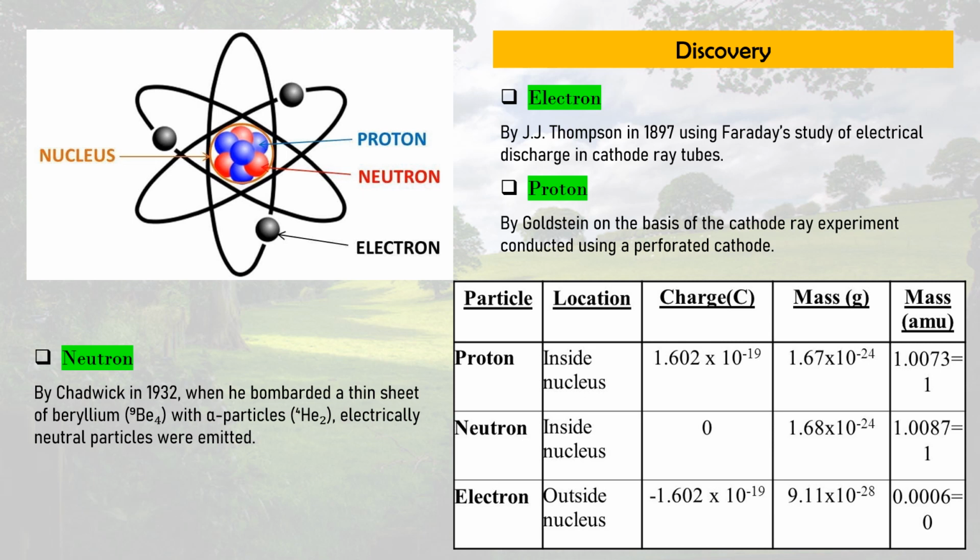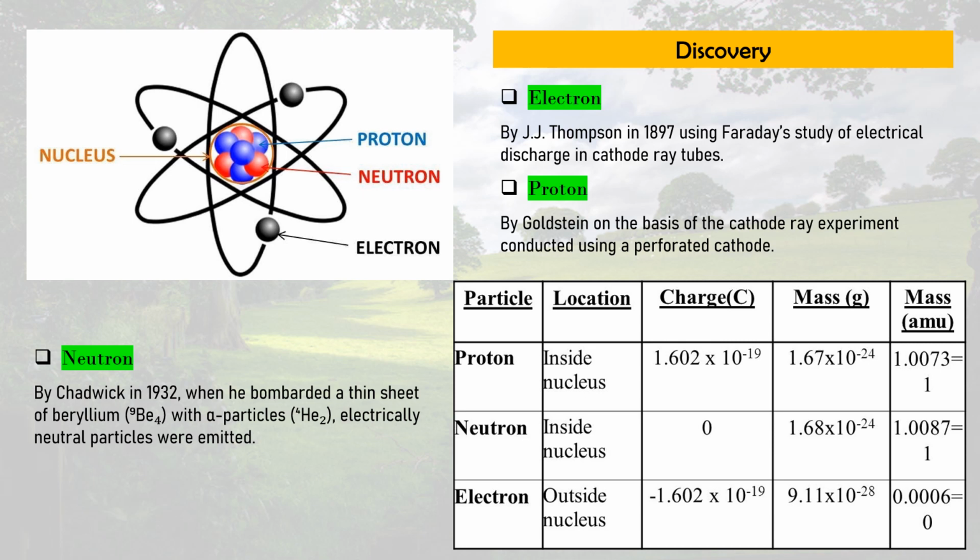Then he passed gas inside the tube, which is subjected to very low pressure and very high voltage. When the current was passed through the tube, he could see a stream of particles moving from the cathode, the negative electrode, to the anode, the positive electrode. He named those streams of particles cathode rays. Later, we came to know those cathode rays as electrons.